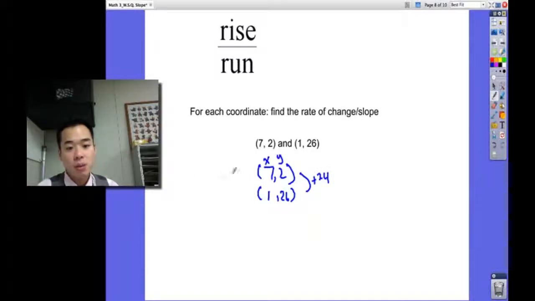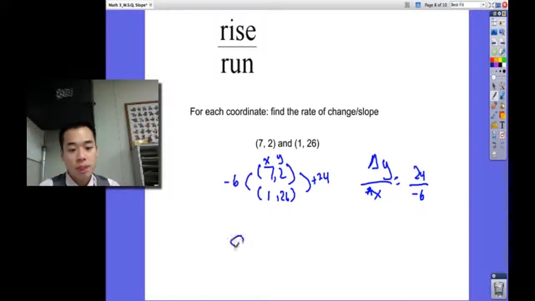From 7 to 1, that's a negative 6. Again, write this down, delta y over delta x. So y is 24, x is negative 6. I reduce that down. My slope is negative 4.